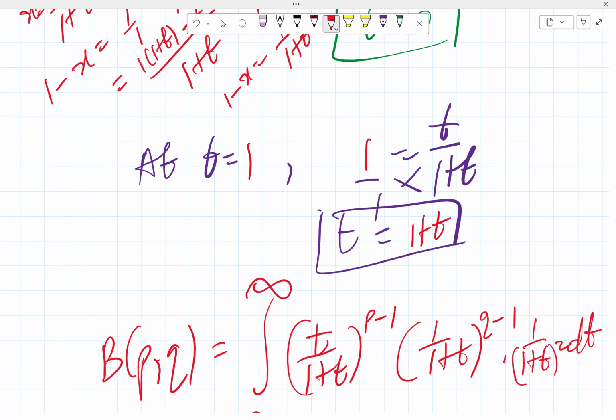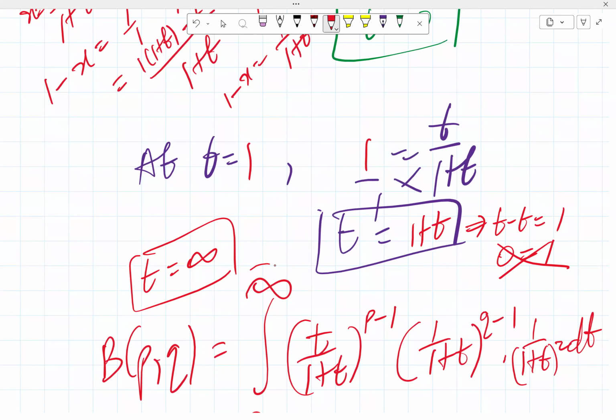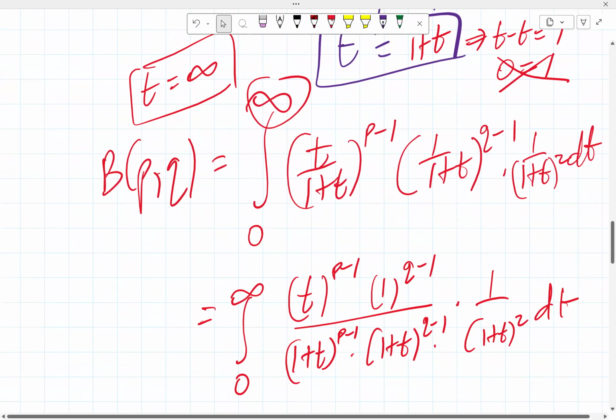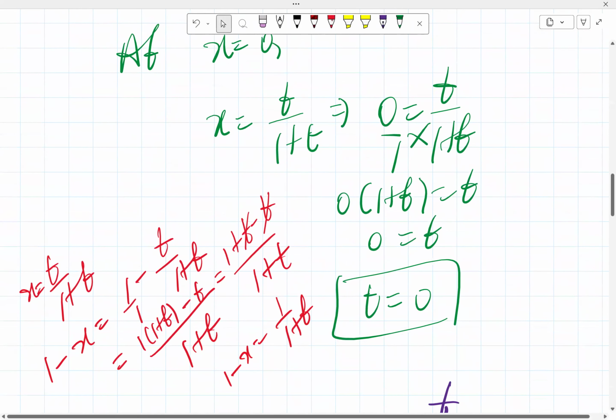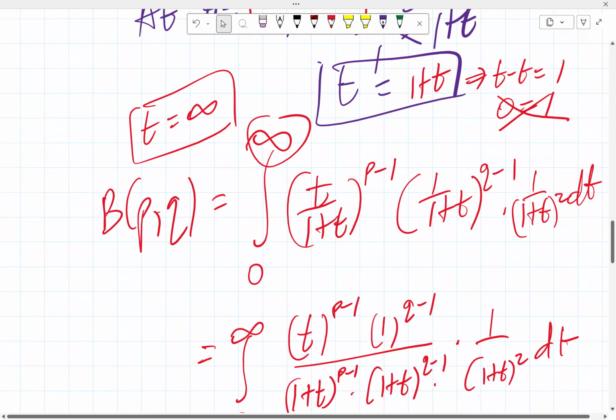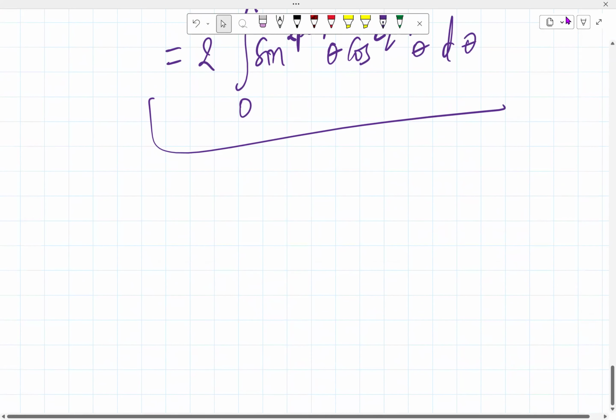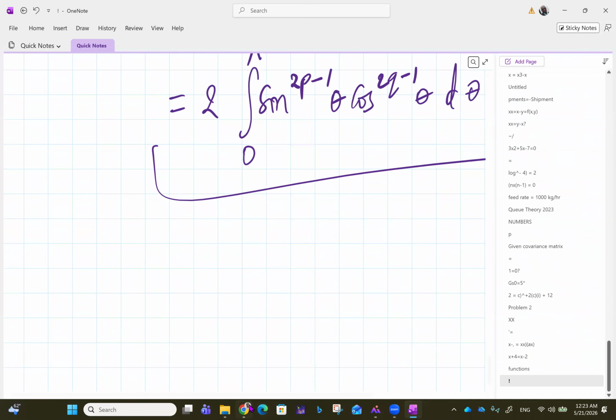Then if we try to tidy this up, we have t minus t equals 1, so that's 0 equals 1. It doesn't make sense. And that is why here t becomes undefined. That's why we have 0 to infinity here. So the original thing is 0 to 1, but if we do this transformation, x equals t over 1 plus t, then it becomes infinity in that regard. So I think that's the issue that should be addressed in that case.